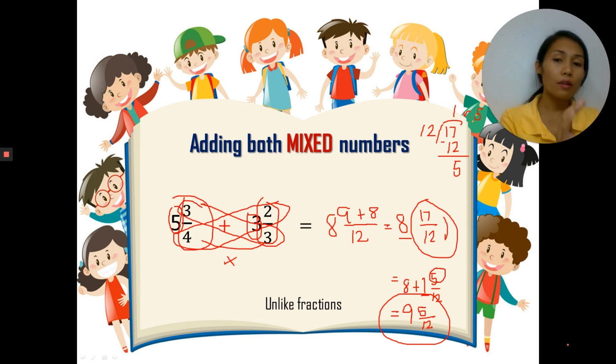You add the whole numbers and then work on the fractions. If your answer with the fractions is improper, you need to convert it into a mixed number. Now that you got a mixed number, if there's a whole number given, you add that to the whole number from your new mixed number.